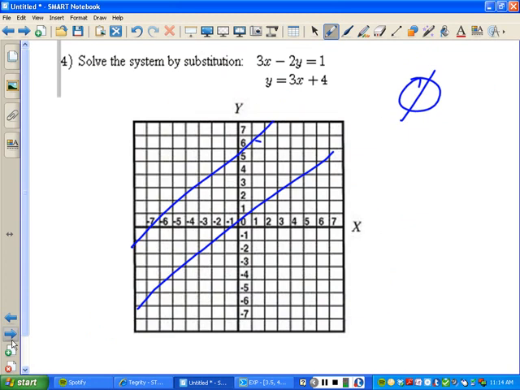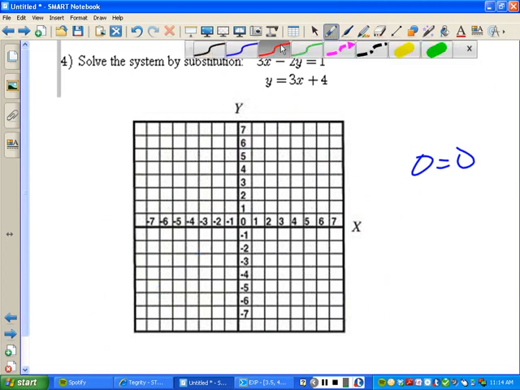However, when you get 0 equals 0, when you get down to this, what does that mean? That means you have a situation like this. You've graphed one line, you've graphed the next line, and they're on top of each other.